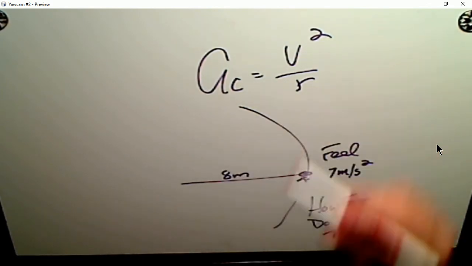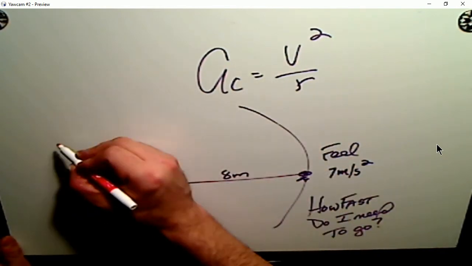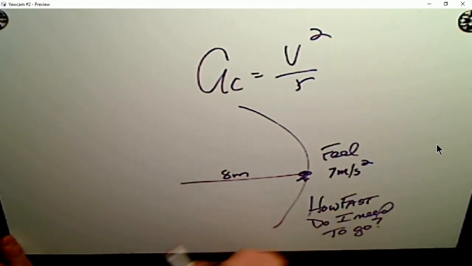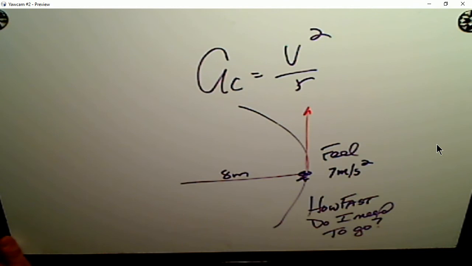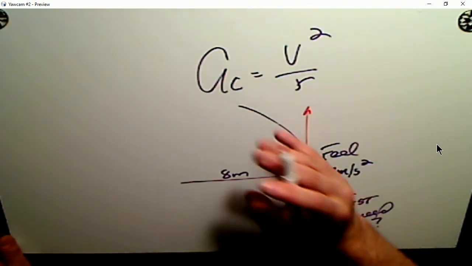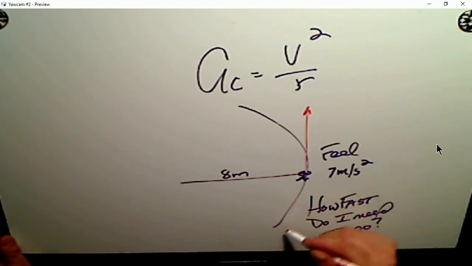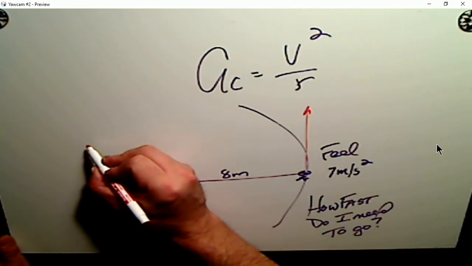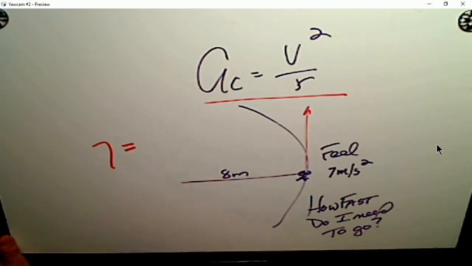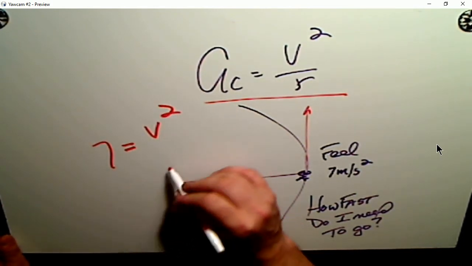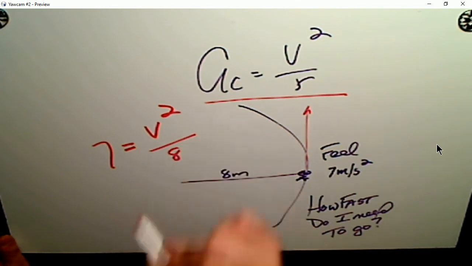Well, using this equation, we want to feel an acceleration pushing us against the edge. Now, that's that fictitious force, that centrifugal force, as we are trying to stay on the curve going straight. And of course, the curve is bending around. So that's sort of throwing us along the side. So if we look at this equation here, I want 7 equal to velocity squared over whatever the radius is, 8.